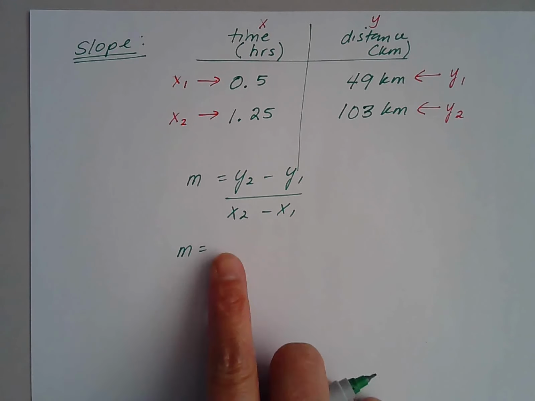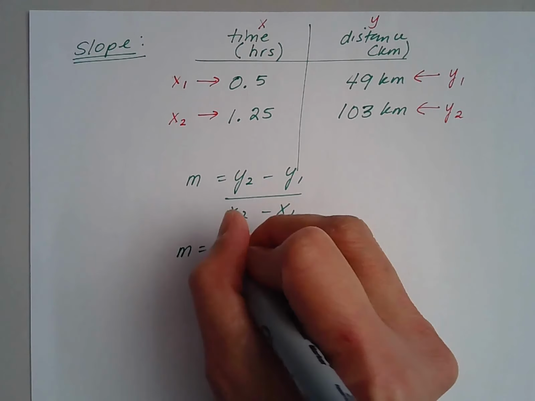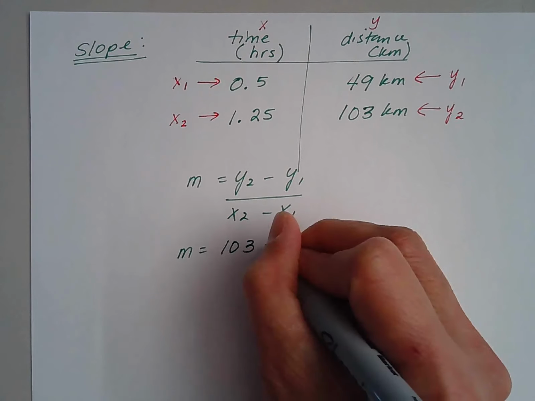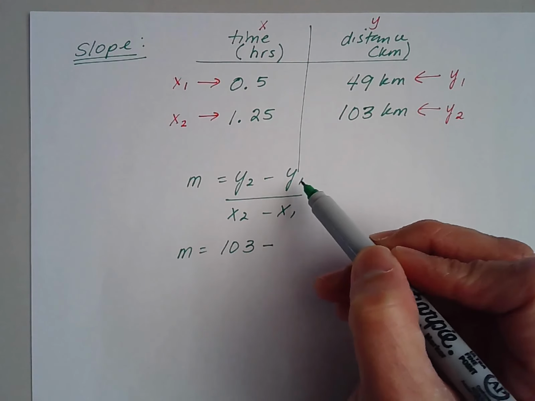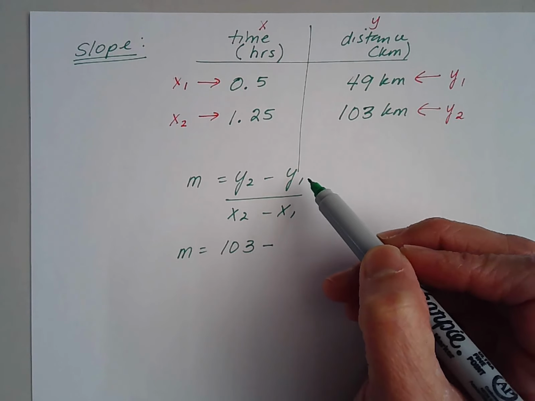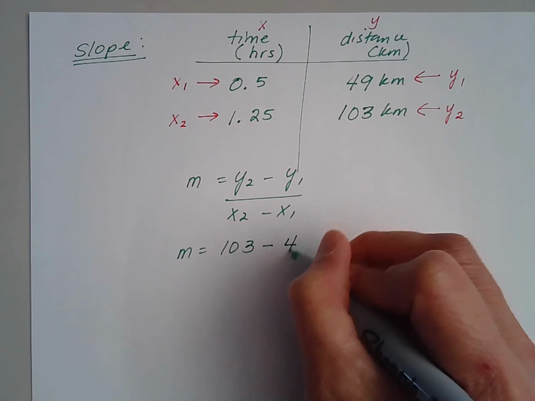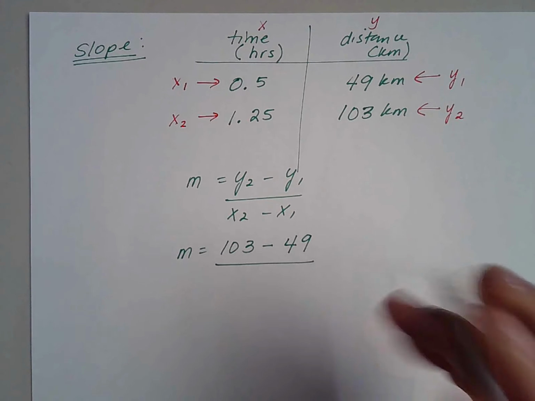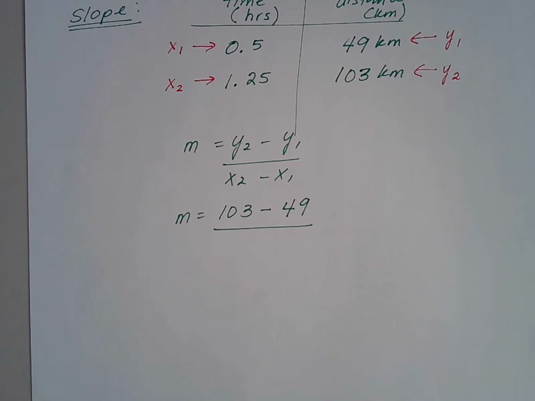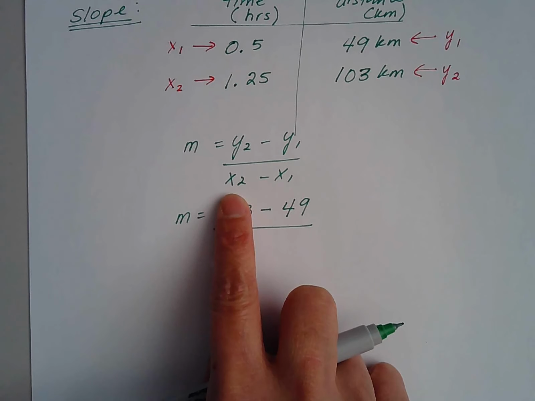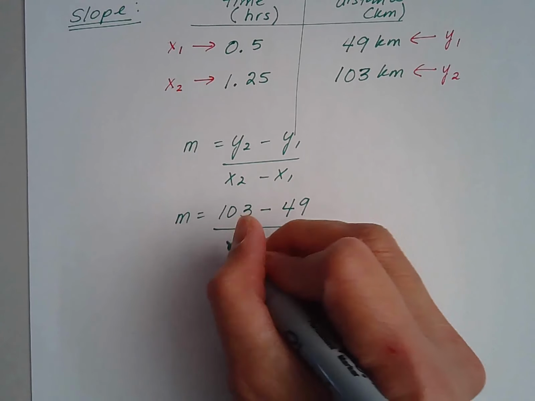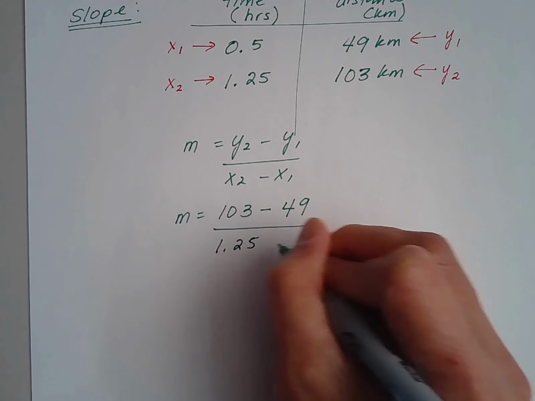What do I put for Y2? Y2 is 103 minus, what do I put for Y1? 49. Okay. What do I put for X2? 1.25, yes.